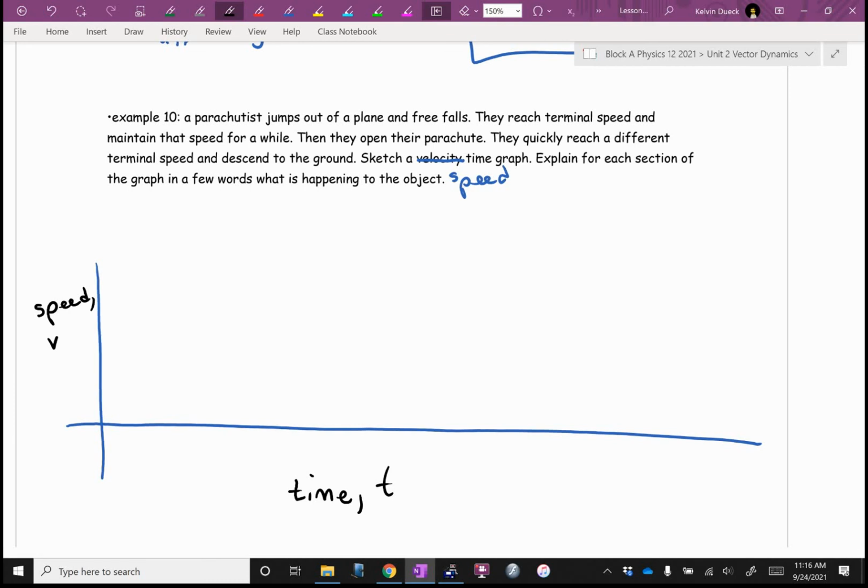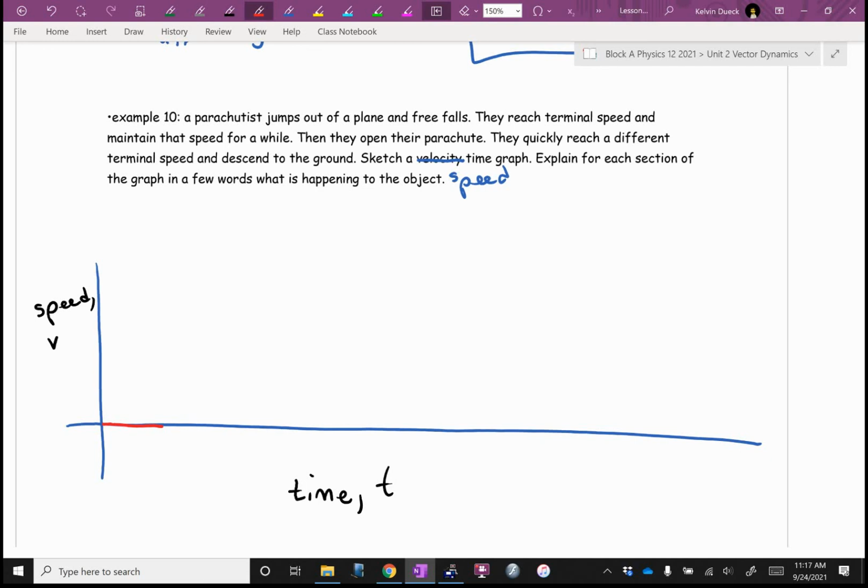So, before I jumped out of the plane, I was just sitting on the edge getting ready. What's my vertical speed before I jump then? So there would be a stretch of 0 height. It would last a little longer than I've just drawn, but there would be a stretch when my speed was 0.